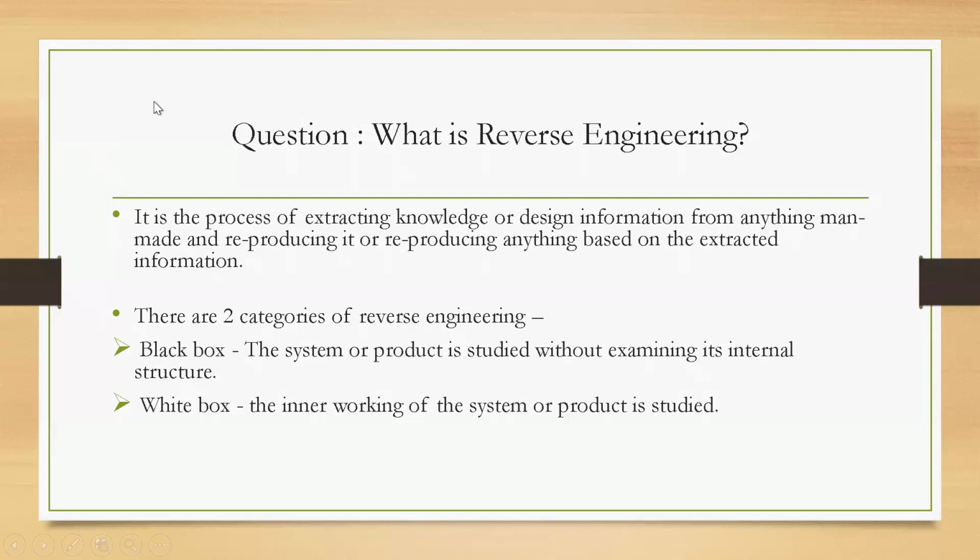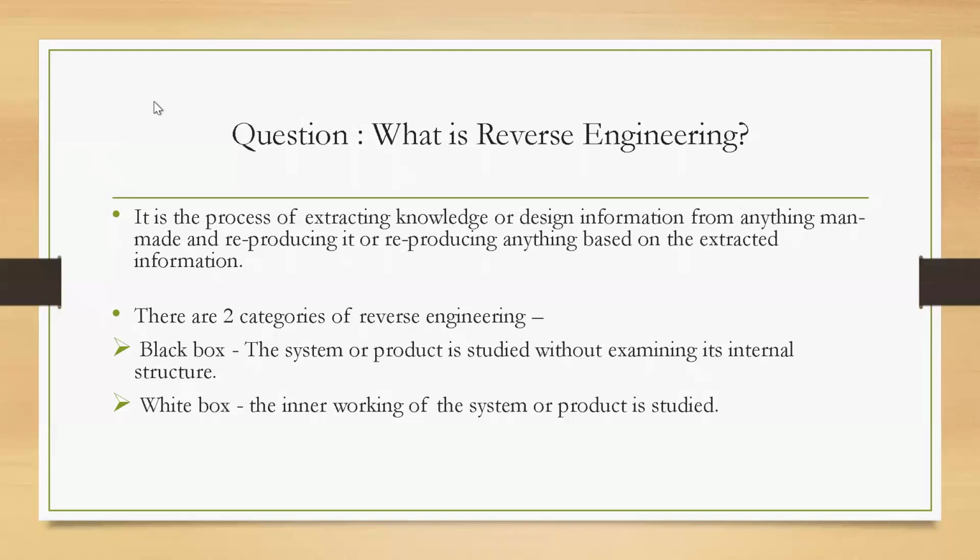And here there are two types; it is divided into two categories. One is black box reverse engineering, and the second one is white box reverse engineering. In black box reverse engineering, as a BA you need not know how it works internally.